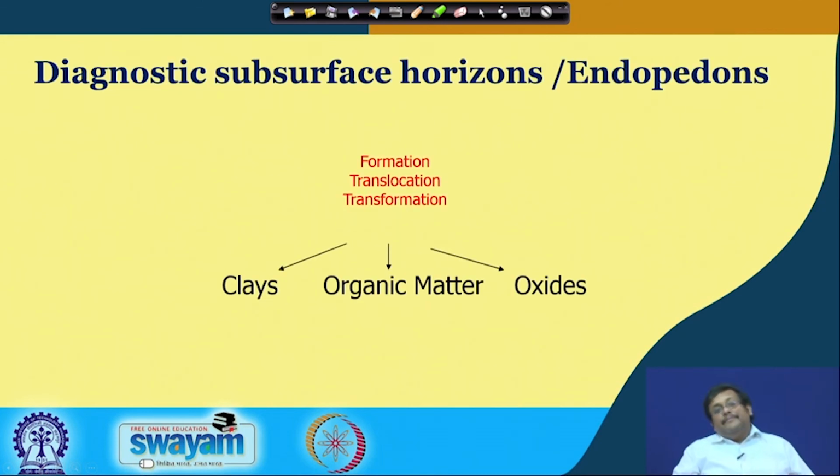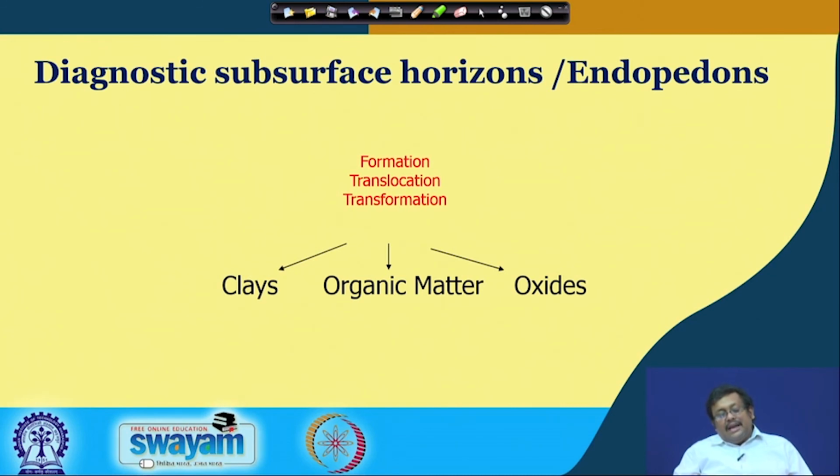Now, let us see what are the diagnostic subsurface horizons. We have covered surface horizons or epipedons. Now, let us see the subsurface horizons. The other name of subsurface horizons is endopedons, and remember that these endopedons are developed based on the formation, translocation and transformation of clays, organic matters and oxides.